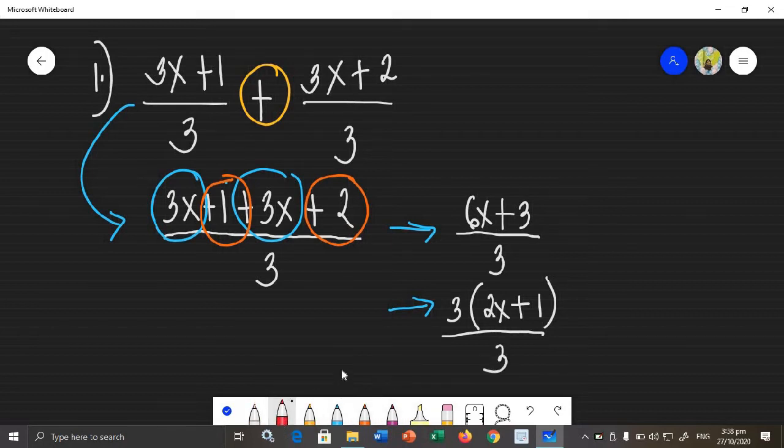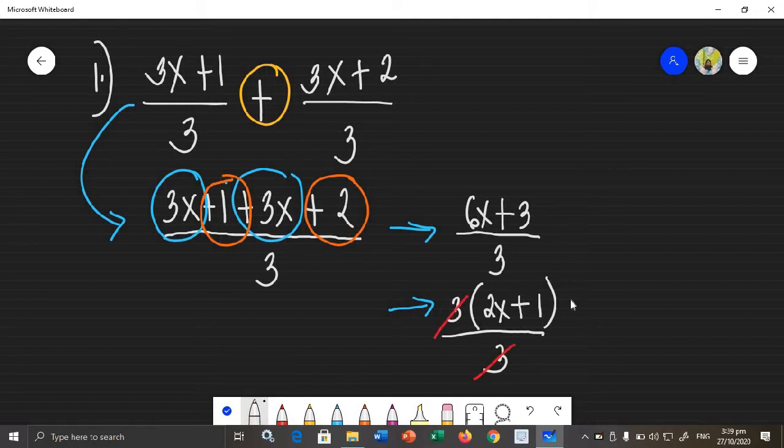Now that we have factored the numerator, can we also factor the denominator? But in this case, you will notice I can already cancel the 3. So it's pointless to factor it further, since the factors of 3 are only 3 and 1. Just cancel the common factor.